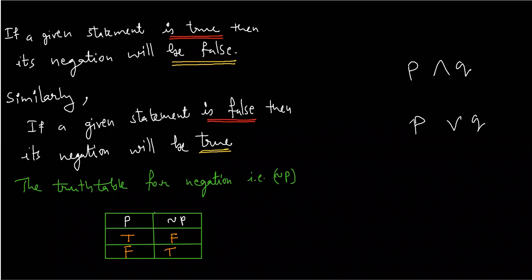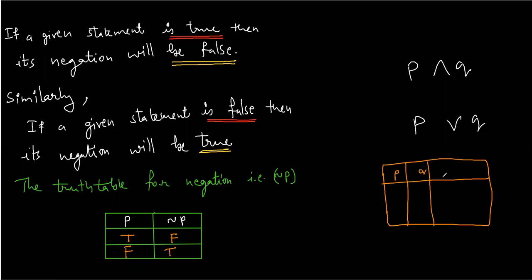When we did the truth table for P and Q, it was P, it was Q, it was P and Q. So there were 4 rows. Why 4 rows? T, T, F, F, T, F, T, F. There were different possible combinations.